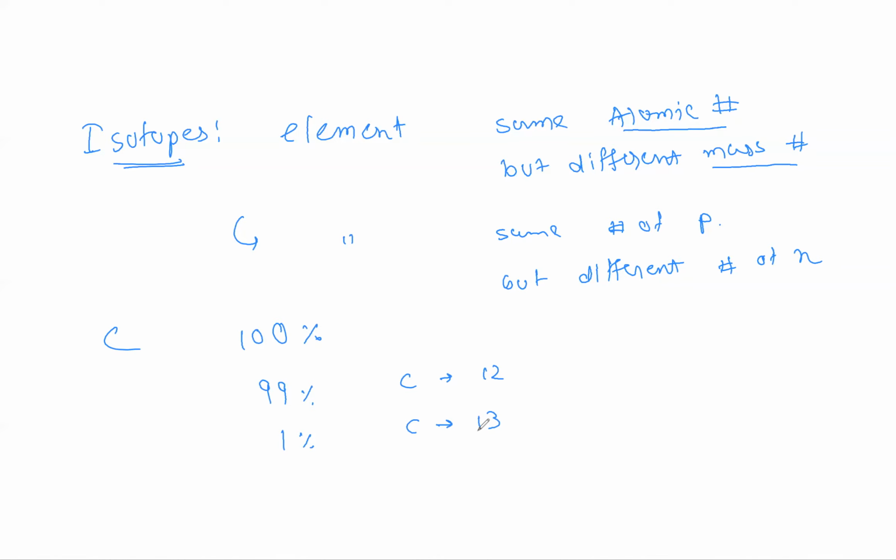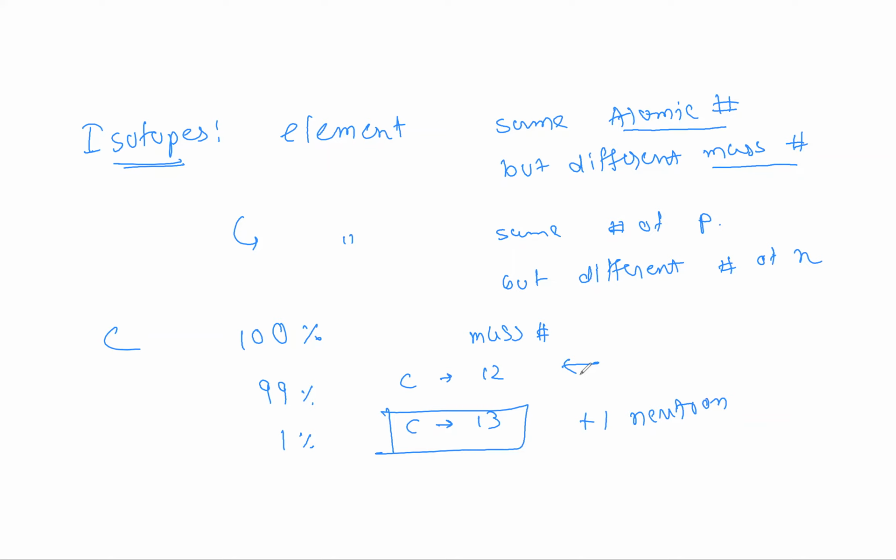Let's talk about that. So this is the mass number. What does it mean? It means that the element is still the same. It has the same number of protons. The only difference is the second one has one extra neutron compared to the first version.